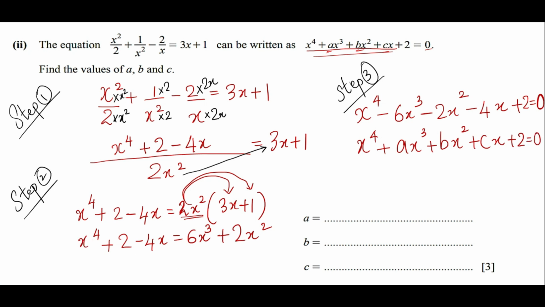Comparing the terms, your question is to find the values of a, b and c. So looking into this part, your a is going to be -6. b is compared to -2x squared, so b is going to be -2, and c here is going to be -4.